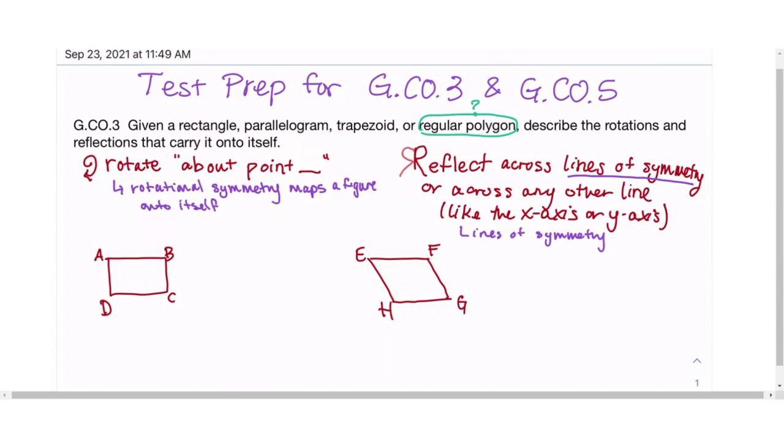Okay, a regular polygon: polygon means a shape with more than 3 sides, but regular means it has equal sides and equal measures. So like a square. A square is a regular polygon. Or an equilateral triangle is.